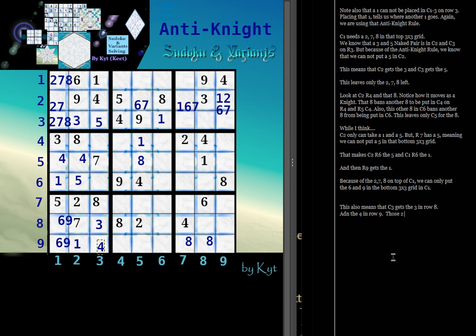Because those two boxes could only take the 3 and 4, but row 8 already had a 4, so I must put that 4 in row 9 instead.